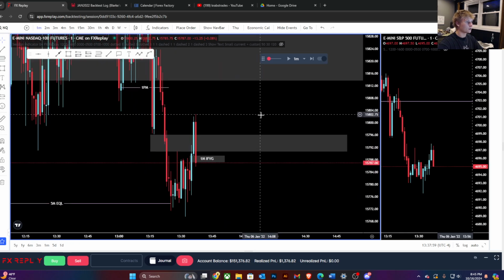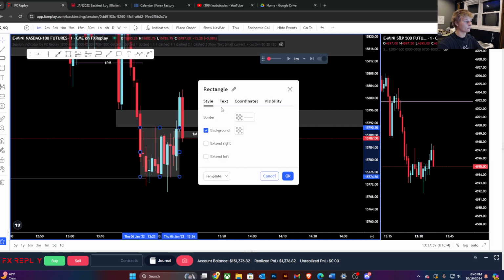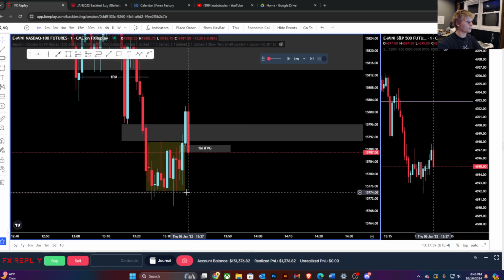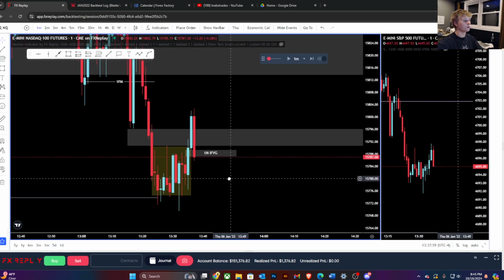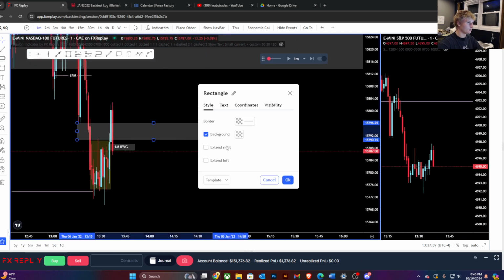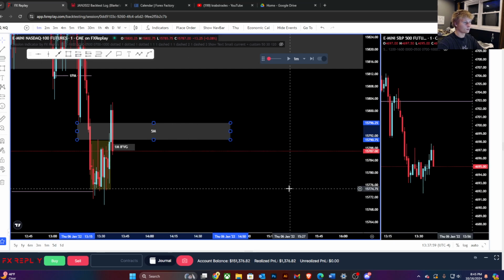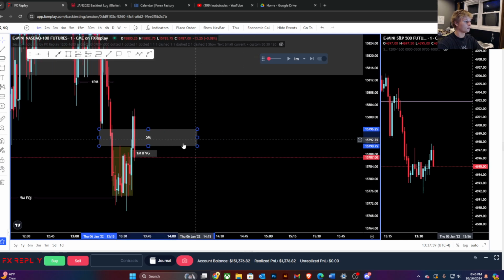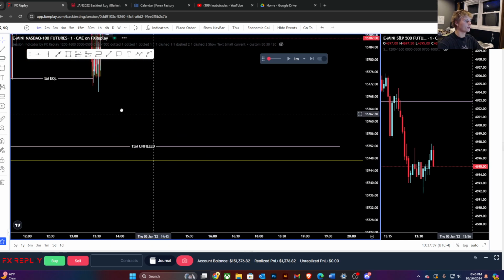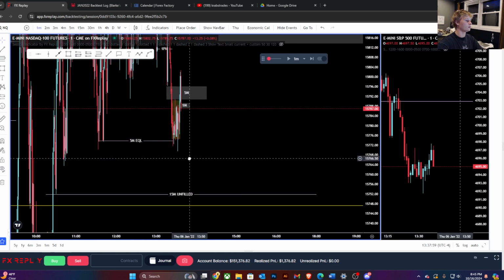Alright, so yeah, this also looks like PDI. We have this accumulation here. PDI stands for pre-distribution inversion. So accumulation, manipulation higher here into this 5 minute. Now I'm expecting us to deliver lower and rebalance to equilibrium, as well as this 15 minute unfilled fair value gap.